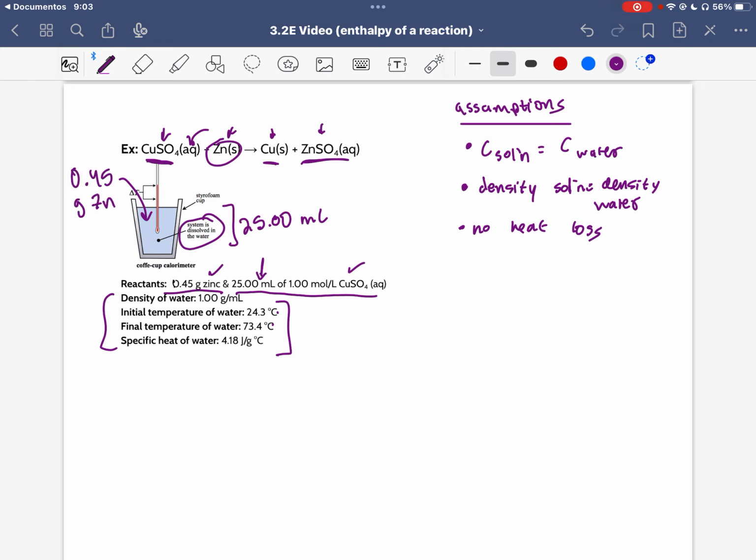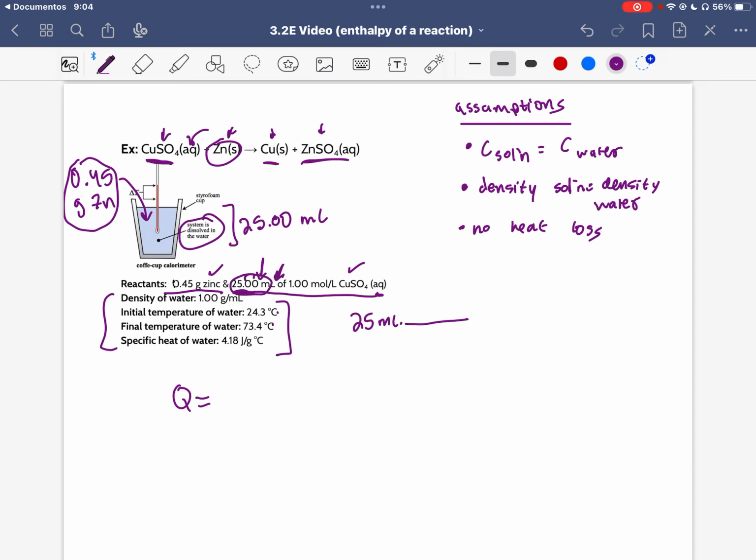Okay, beautiful. So the first thing I need to do is, of course, just find Q. And to find Q, I'm going to use the information that I'm given here. I have 25 milliliters of solution. I add a tiny amount of zinc, but we're trying to get the amount of energy into the water. So I'm going to use this information about the solution, knowing the solution is mostly water. So the mass that I use is actually this 25.